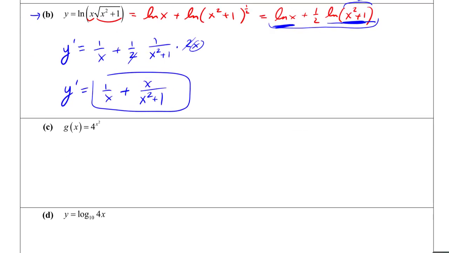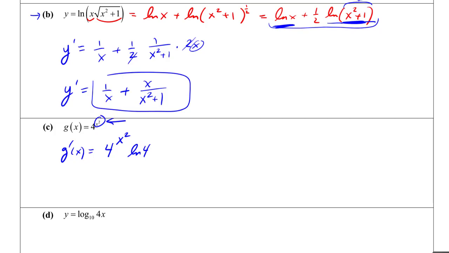All right, how about g of x is 4 to the x squared? Well, again, let me look at the structure. It's basically 4 to something. So 4 to something is a type of exponential. So it gives me back 4 to that something, 4 to the x squared. But it wasn't base e, so I have to multiply by ln 4.